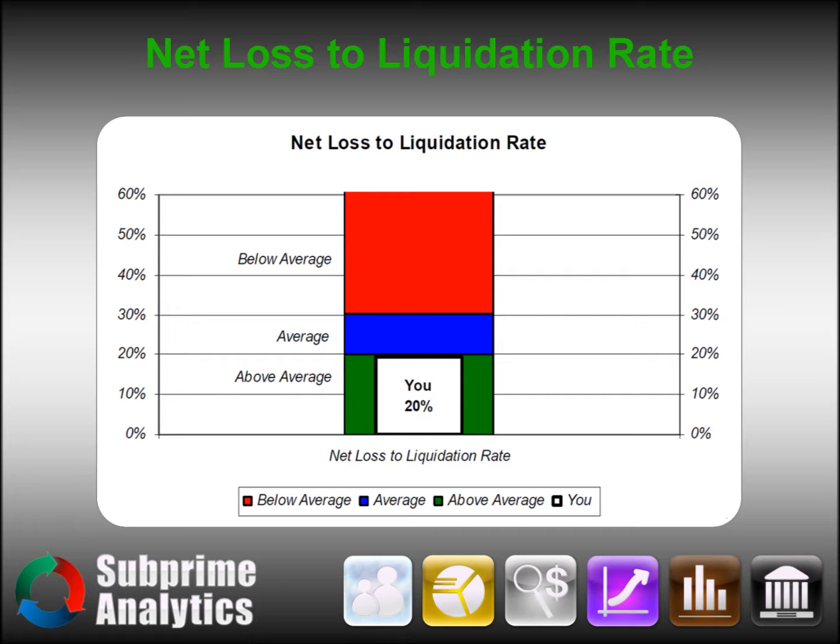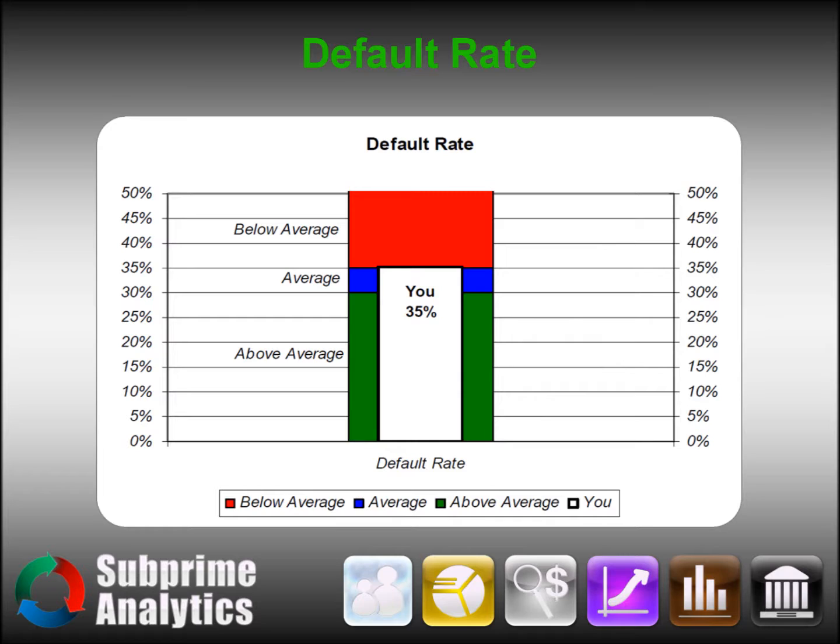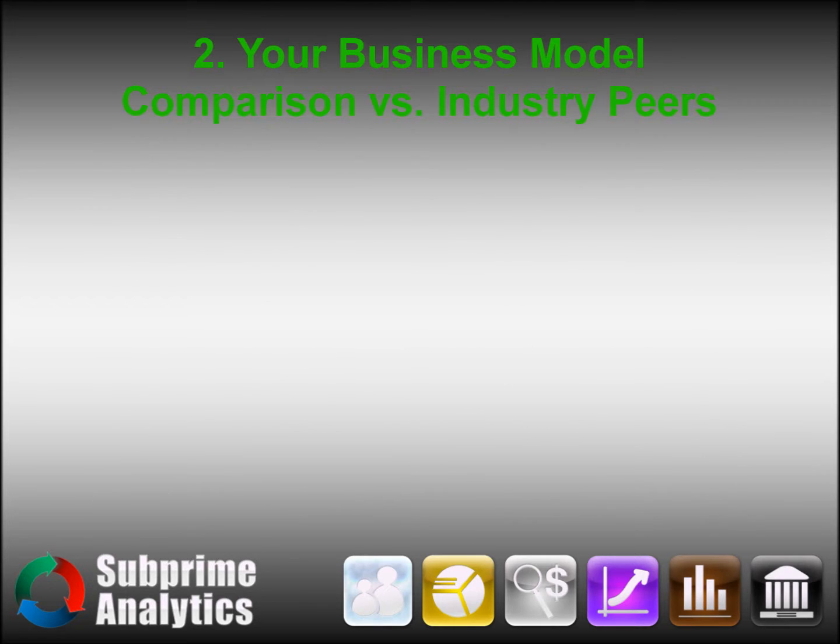You use this metric to predict future losses, cash flow, and profitability. And finally, we calculate your default rate. Default rate is a measure of the quality of your portfolio, and capital providers judge your portfolio performance heavily by the default rate calculation.